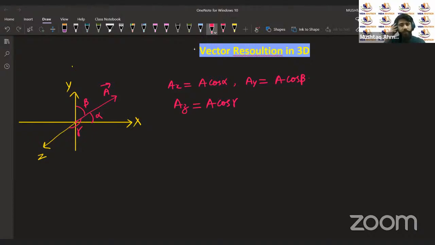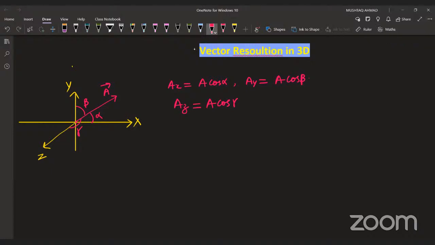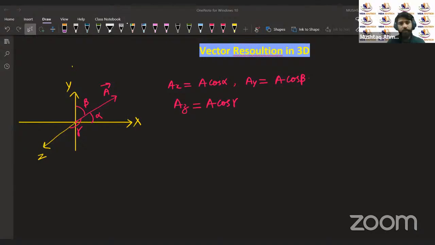So these are the 3 components along x, y, and z.